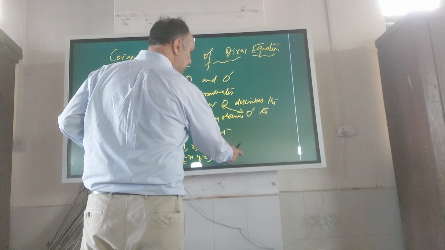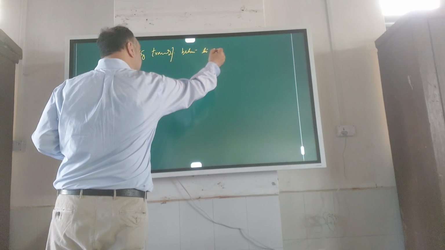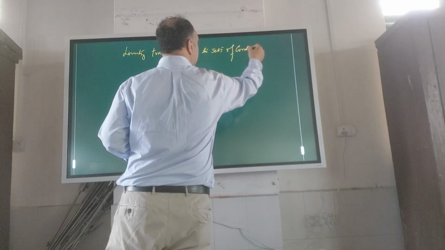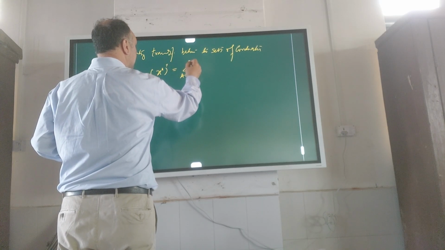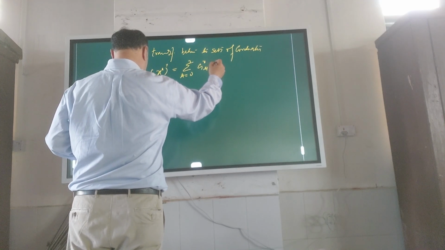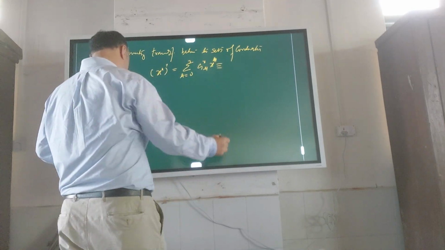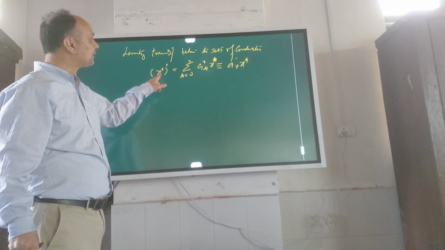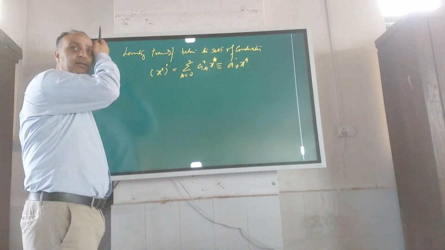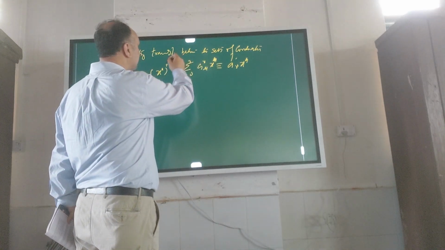And if you want to write the same in the metric language, what we are going to see is the Lorentz transformation between two sets of coordinates: x mu prime is equal to A mu nu x nu.